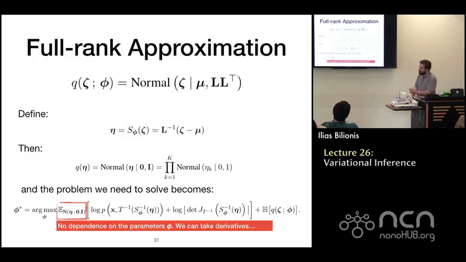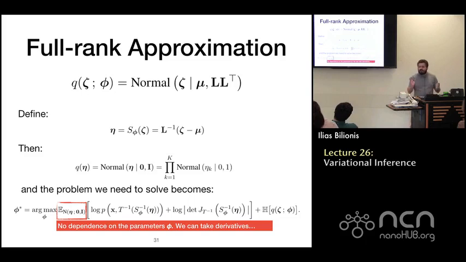All right, if you wanted to do it with a full rank approximation, then it's the same thing, but now the square root of the covariance is basically any matrix that satisfies that, which is not uniquely defined, but this would work. Okay, if you just take whatever you have there as L and you invert it and multiply it with zeta minus mu, then this will be normally distributed.